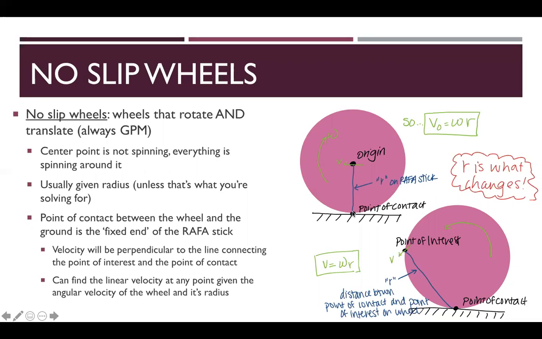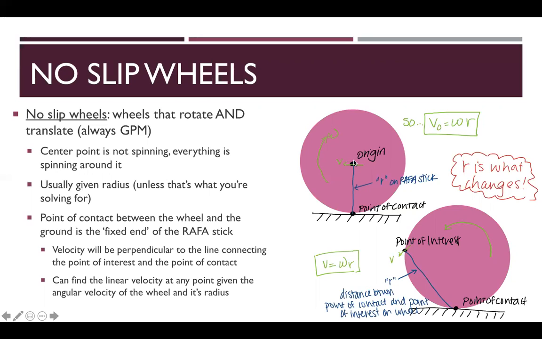You're always going to call the point of contact between the wheel and the ground the fixed part of a rafa stick. Then, depending on what point on the wheel it's asking you for, you just draw a line. Your rafa stick goes from the point of contact to the point.